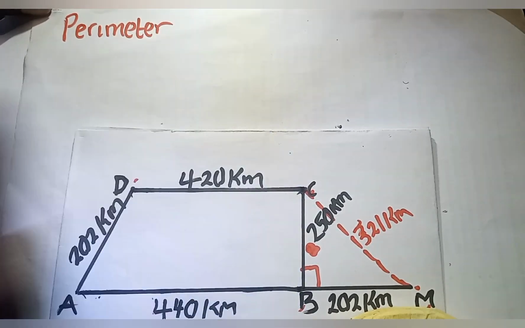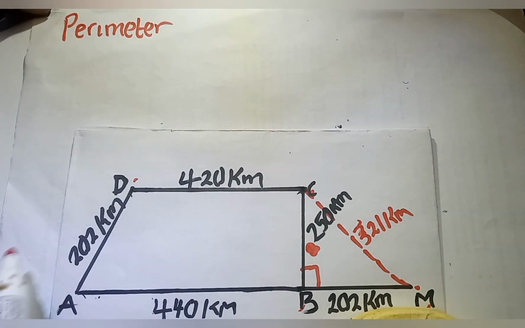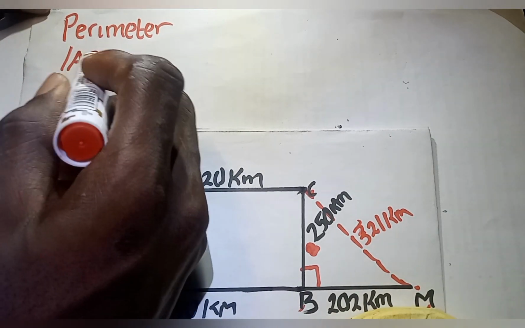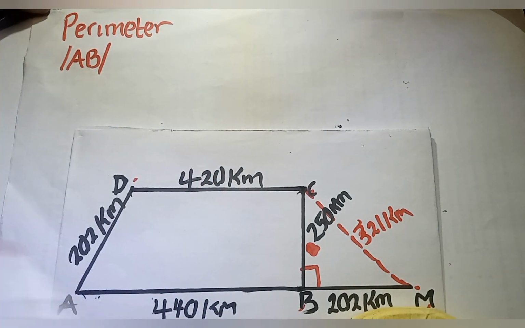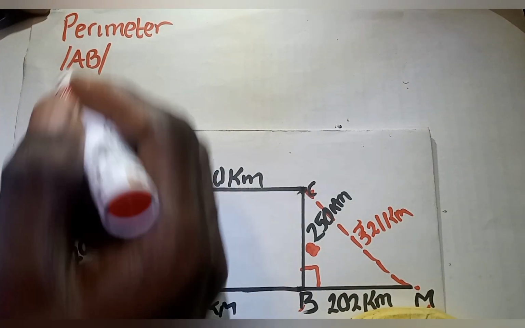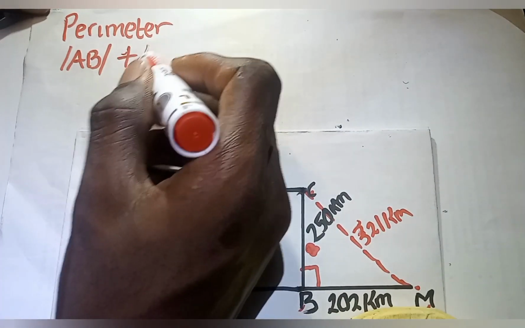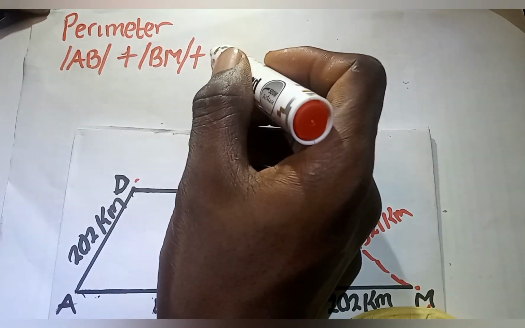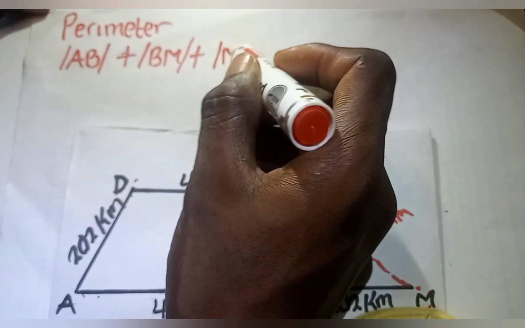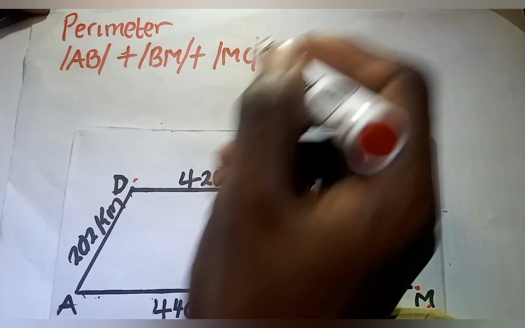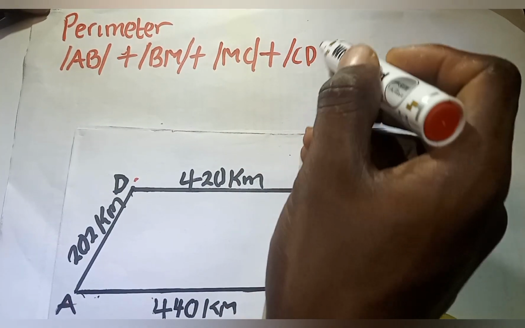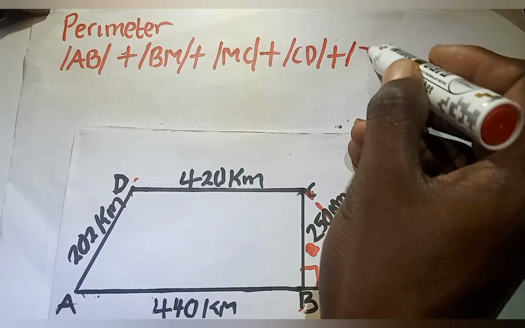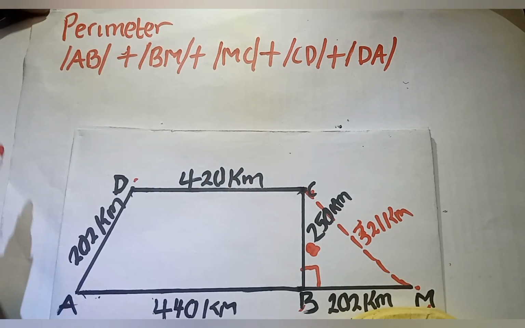Perimeter of the shape will be equal to line AB plus line BM plus line MC plus line CD plus line DA. So this is the perimeter.